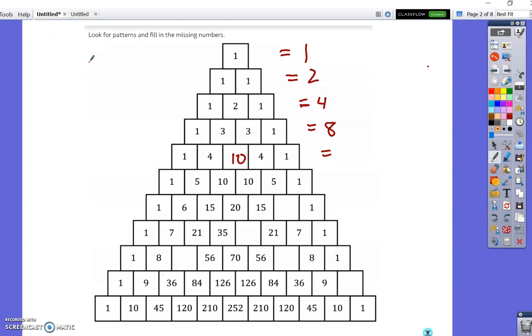Shade the odd numbers in Pascal's triangle. So what it's asking you to do there is shade in all of the odd numbers. So we've got our edges, which would be shaded. All the ones. That's not very exciting because they're always there.